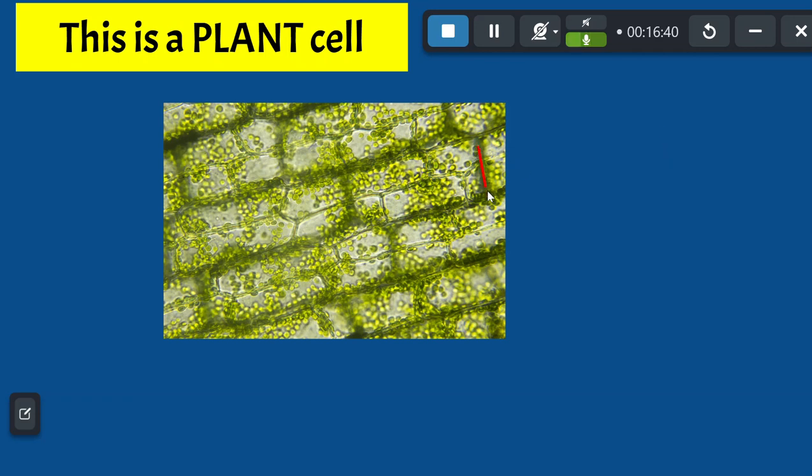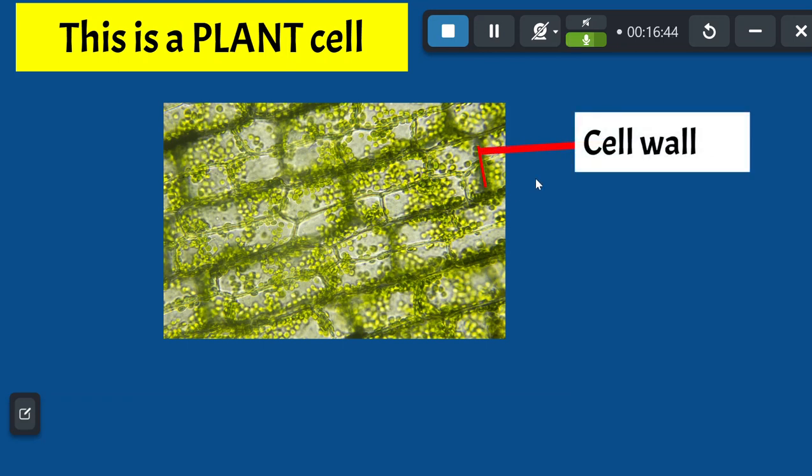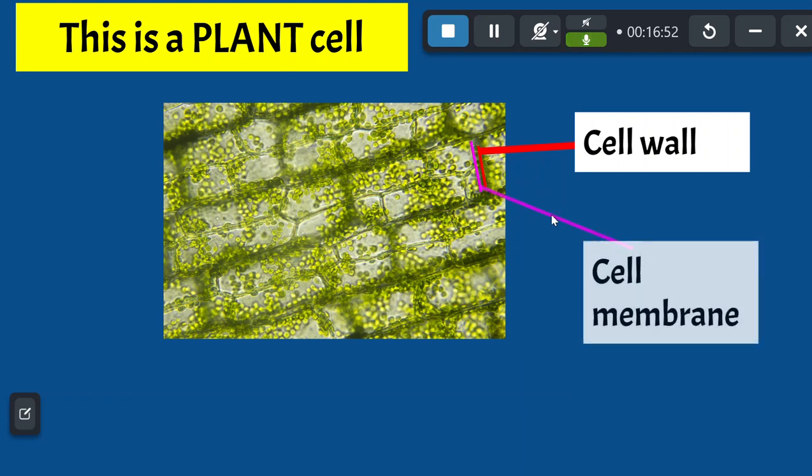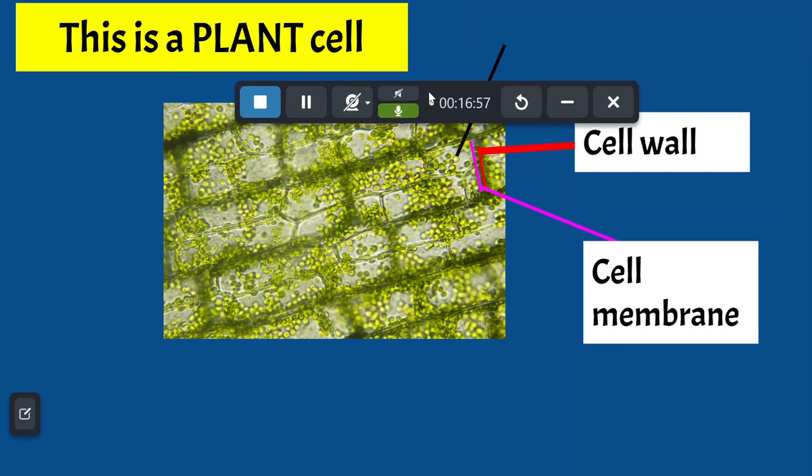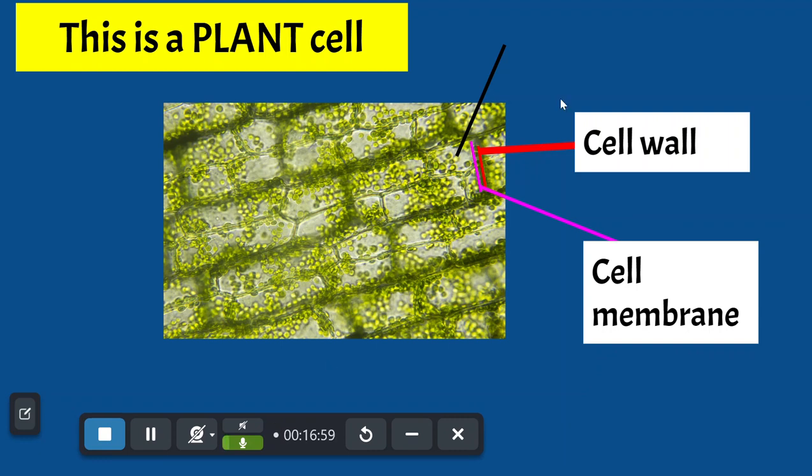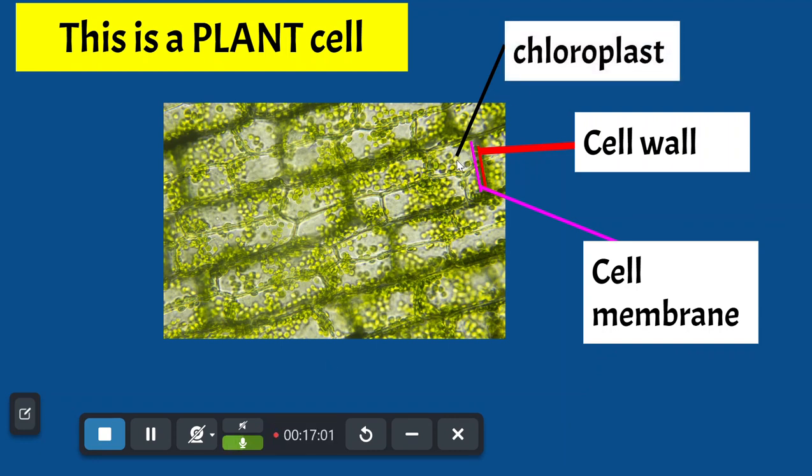And this dark outer, really clear structure that we're going to look at is the cell wall. Inside the cell wall is a cell membrane. And then you can see that these little green discs are chloroplasts.